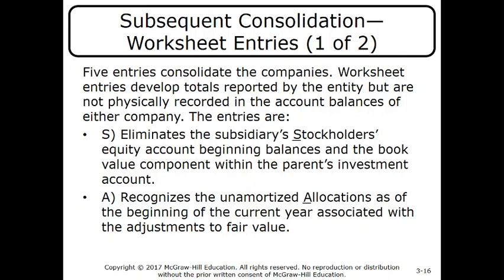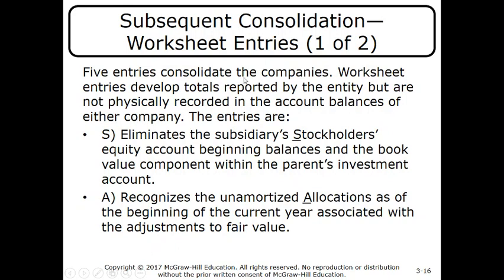All right, so the first 2 are things you already know how to do, hopefully. The S entry is eliminating the sub's stockholders' equity accounts, beginning balance, and the book value component of the parent's investment account. And the A entry recognizes the unamortized allocations as of the beginning of the current year associated with the adjustments to fair value.